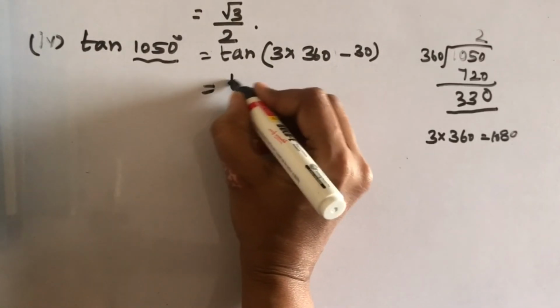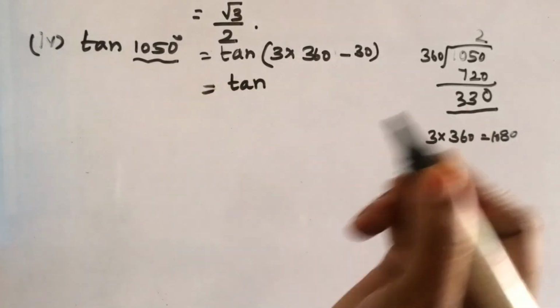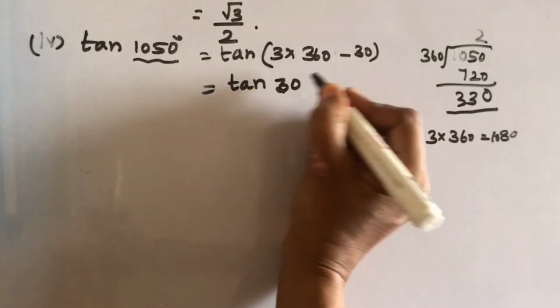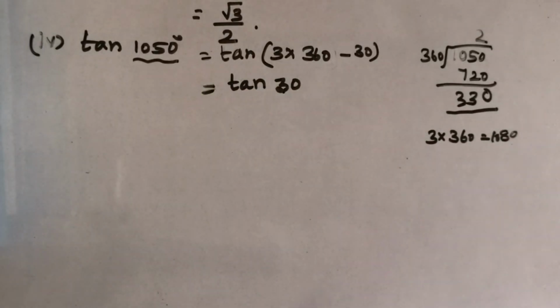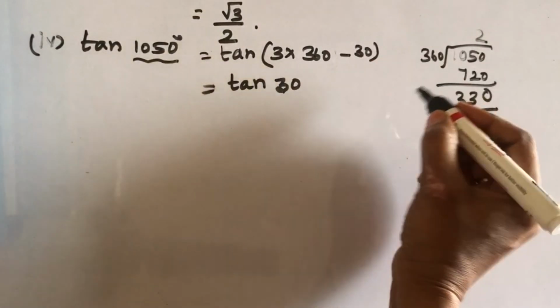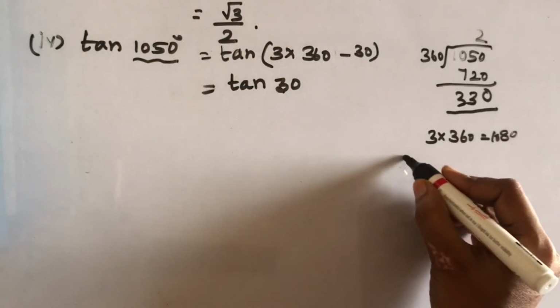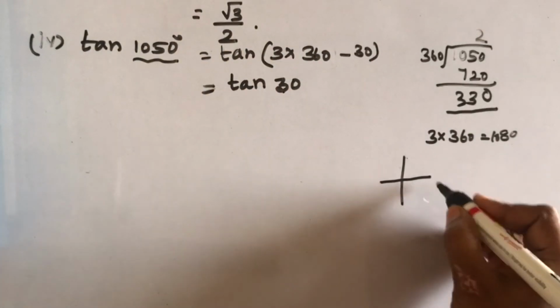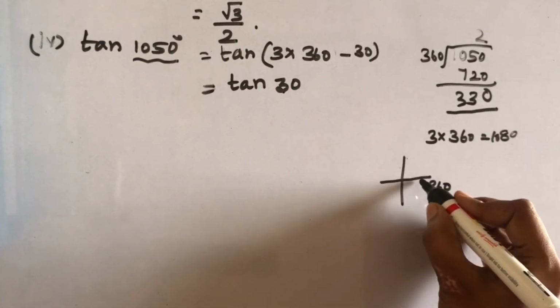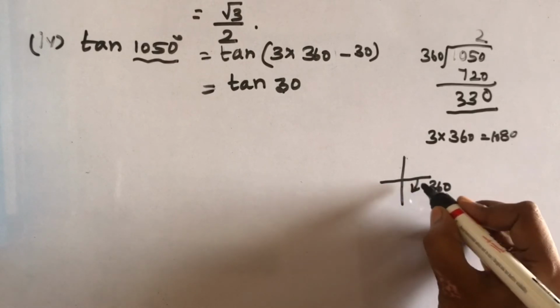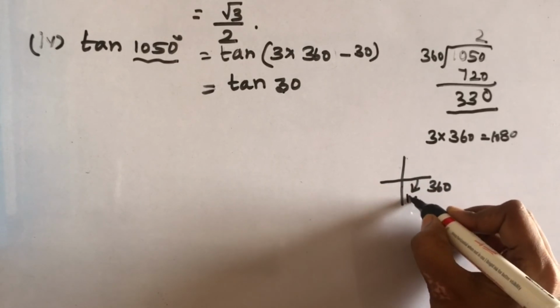So, I get tan 30, plus or minus 3 times 360. So, 360 minus 30 means it will come in the fourth quadrant.